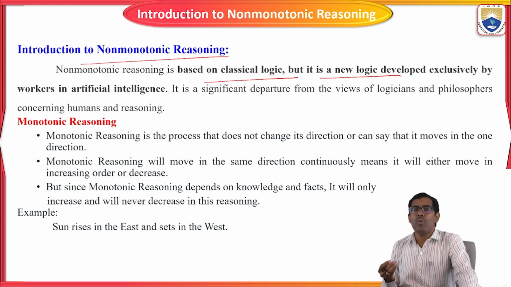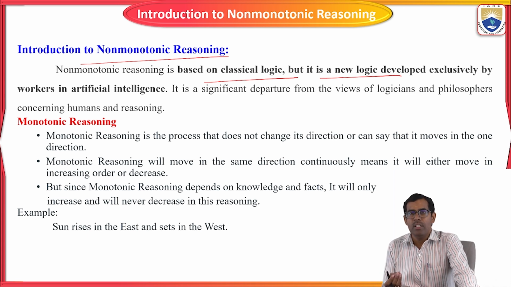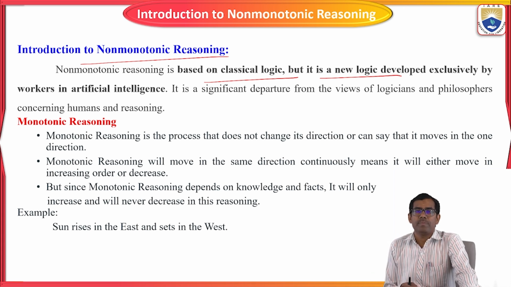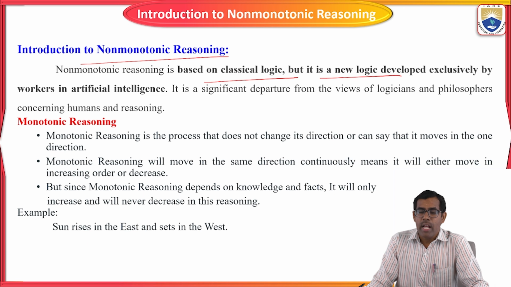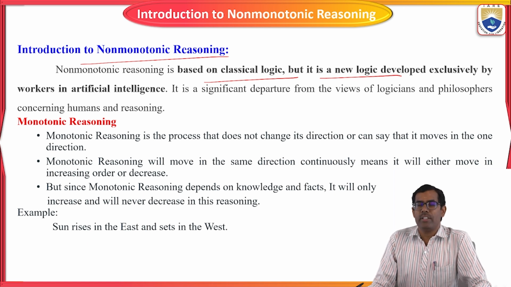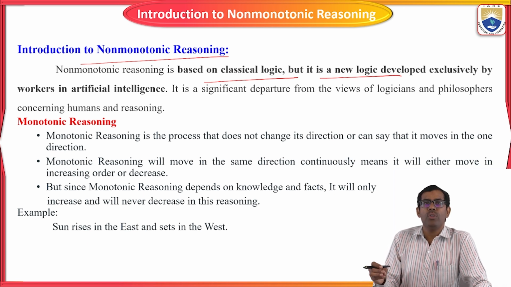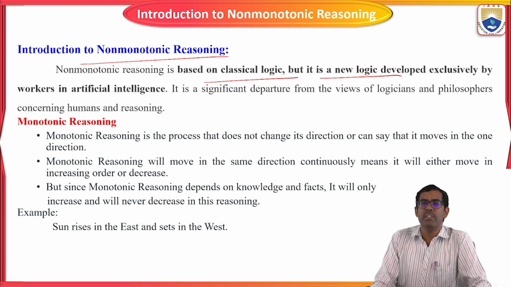How do we create a new classical logic? From already available data, knowledge and information, we create a new classical logic. That is non-monotonic reasoning. I will tell you later what non-monotonic reasoning is, with an example.